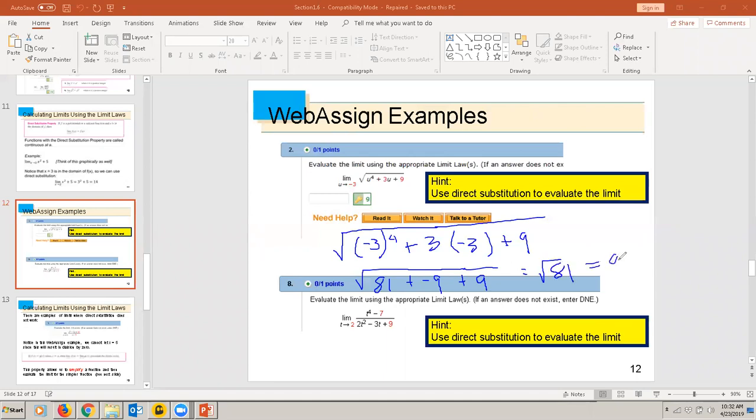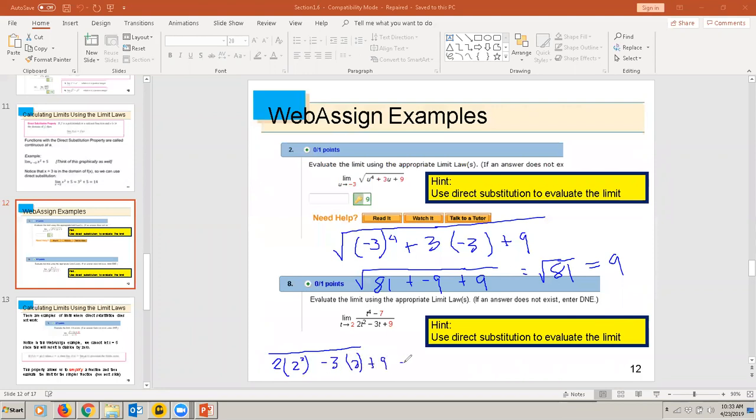So I used direct substitution to evaluate this limit. The bottom example. The first thing I have to ask myself is, is t equal 2 in the domain of this function? To answer that, let me just check that if t equals 2, the denominator does not equal 0. So let me evaluate the denominator when t equals 2. That's 2 times 2 squared minus 3 times 2 plus 9.